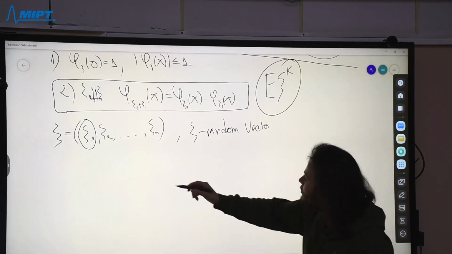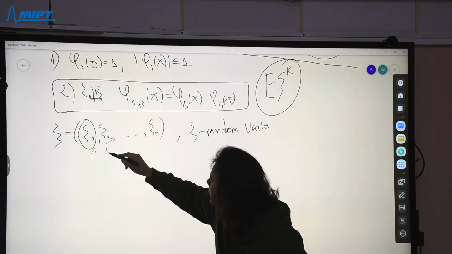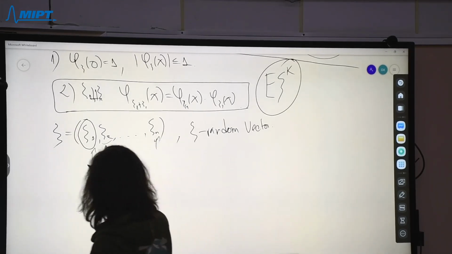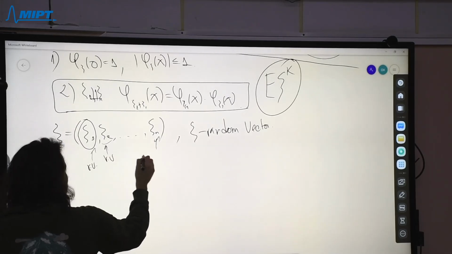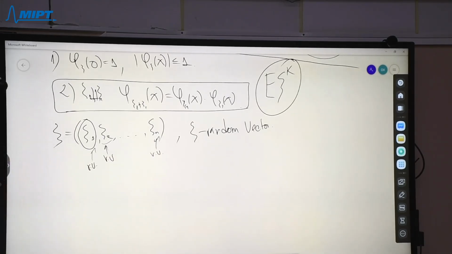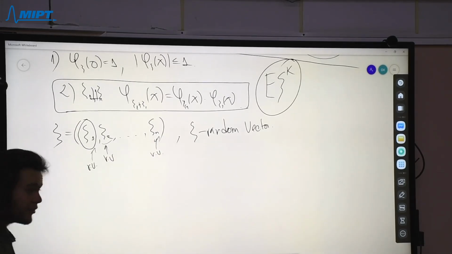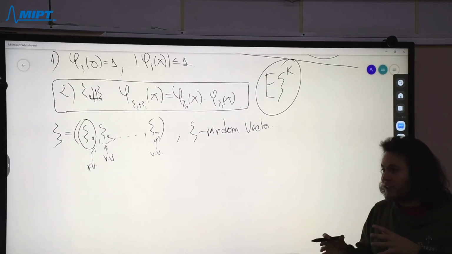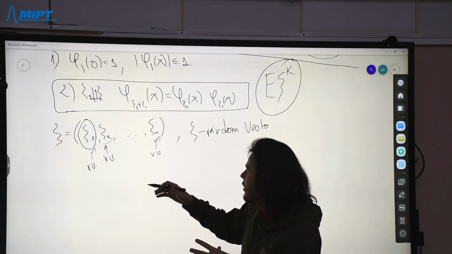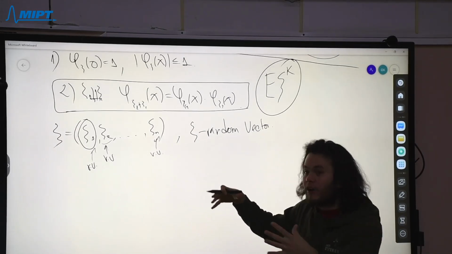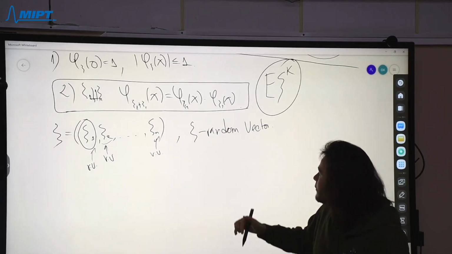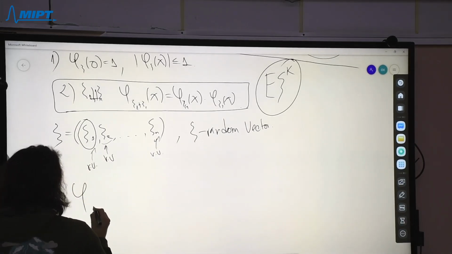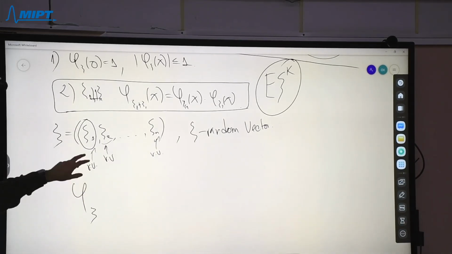So each of these values here, the components of this vector, are random variables, right? So this is a random variable, this is a random variable, and this is a random variable, right? So what is a random vector again? We already know this. A random vector is just a vector in which we have random variables, right? And now, how do we define the characteristic function of psi when psi is this vector?